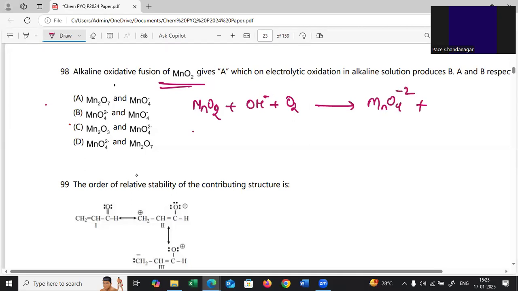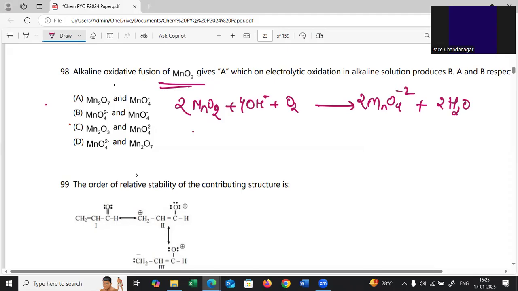Then how many water molecules will I have up here? My charges also I have to balance with Mn. Let me put a 2 here and 2 here. Then you will have 2 water on the right side and 4 OH minus. Right, correct.